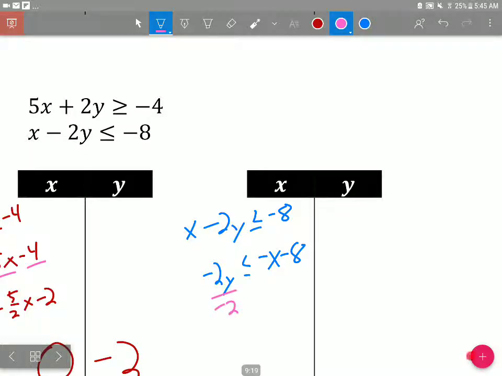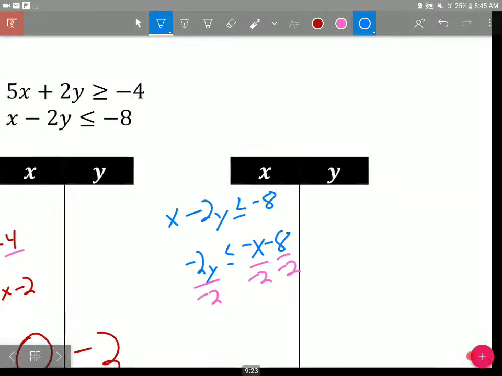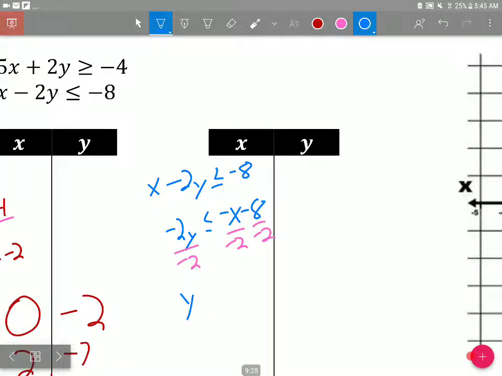Remember, when you're dealing with inequalities, whenever you divide by a negative, you have to flip the sign. 1/2 x plus 4. Okay? And we flip the sign, and now this is the sign we are using from this point on. Do not go back to this one up here. We got to use that one down there.